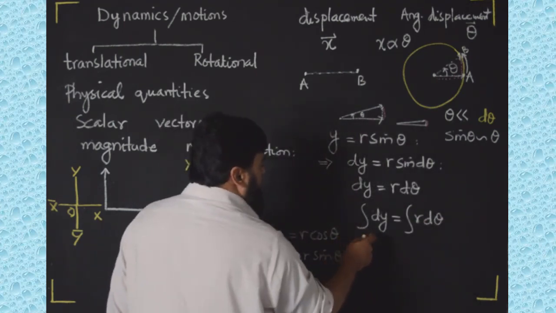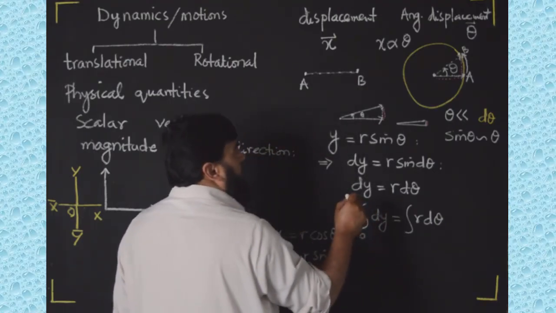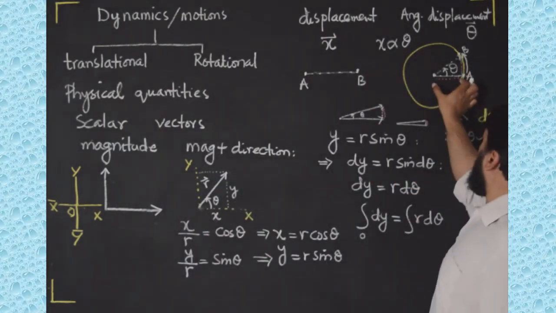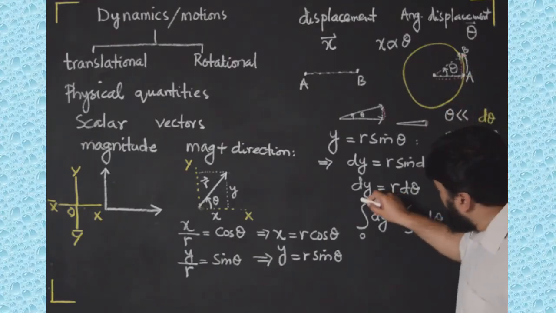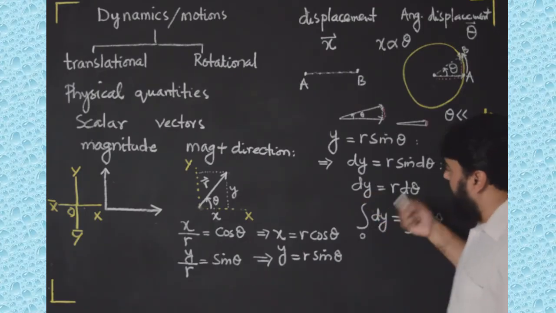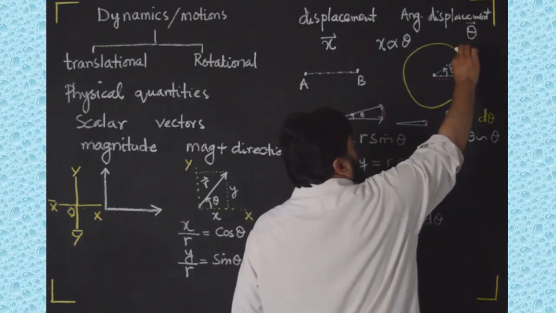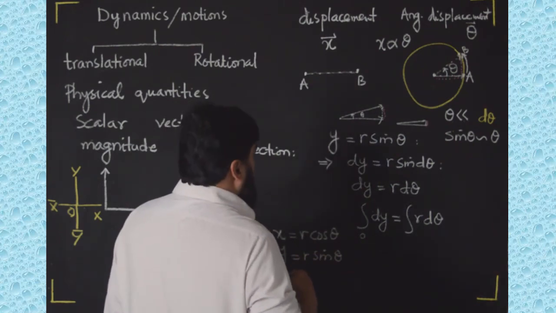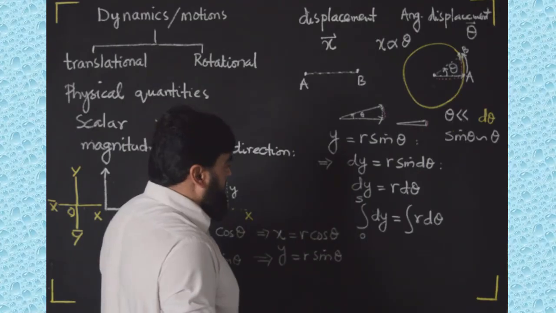Now y is running from 0 to any distance, and let's say this distance is s, any distance.